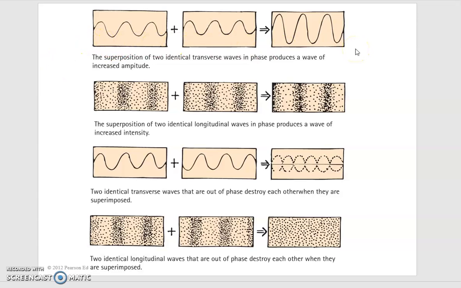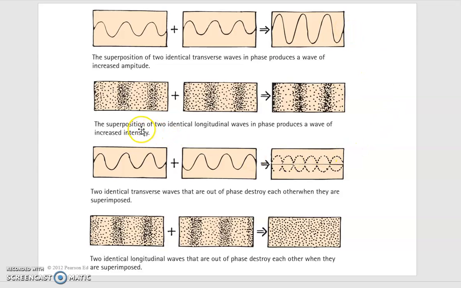So for the two transverse waves, if they are in the so-called constructive interference, then you can use the concept that the amplitude of the two should be summed together. But for the totally destructive interference, the net result will be just a straight line. So this is for the transverse wave.